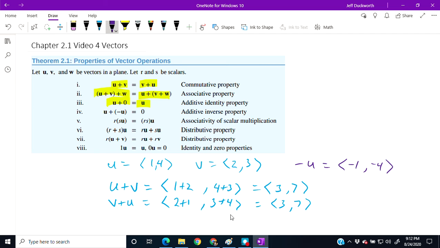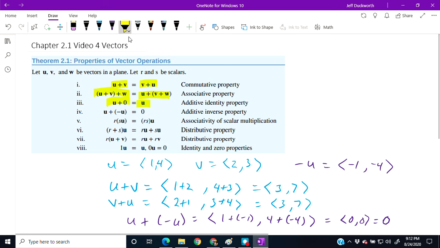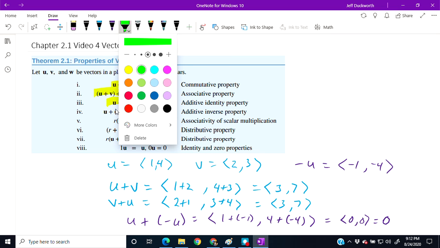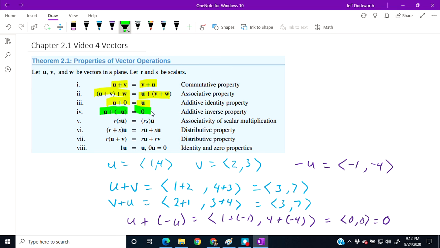So if we take u plus a negative u, that's going to equal 1 plus a -1, and then 4 plus a -4, which will give us 0, 0, which is the 0 vector. And that was this property, the additive inverse property.